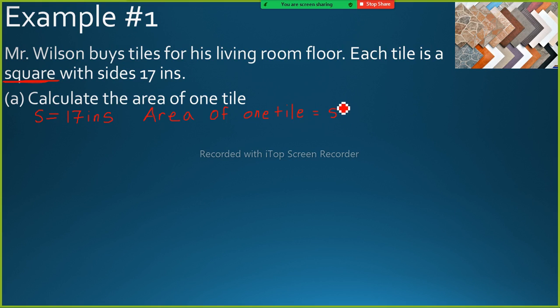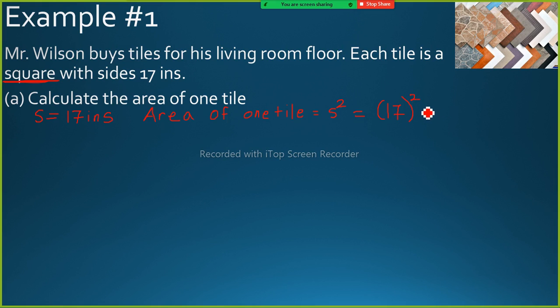s squared. But what is s? What is s in this case? 17. S is 17. So it's going to be 17 squared.